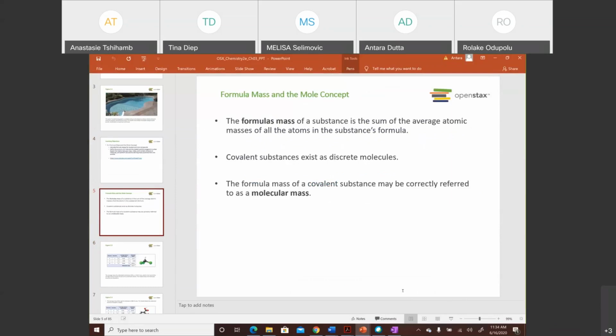It is the sum of the average atomic masses of all the atoms. When they say atoms, they are talking about one atom, two atoms, so the unit should be AMU, because atoms are tiny. Covalent molecules exist as discrete molecules, so the formula mass of covalent molecules is mainly called molecular mass.